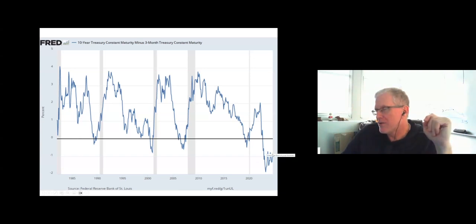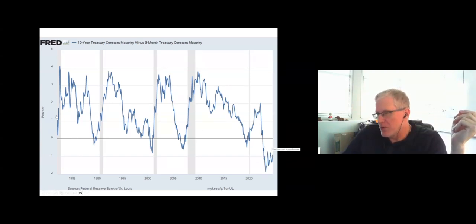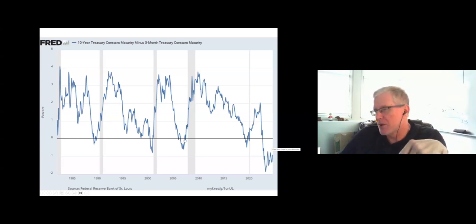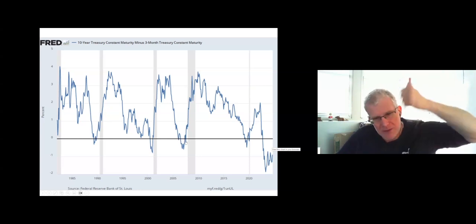But it's interesting going forward because I've been teaching this stuff for almost 30 years. And this was always the predictor. And I always told everybody, watch this one. And the other thing that happens is when this goes below zero, you'll see all the pundits in the financial press say, oh, the bond market's in a bubble. By bubble, they mean because interest rates are so low on bonds, that means the prices of bonds are really high.